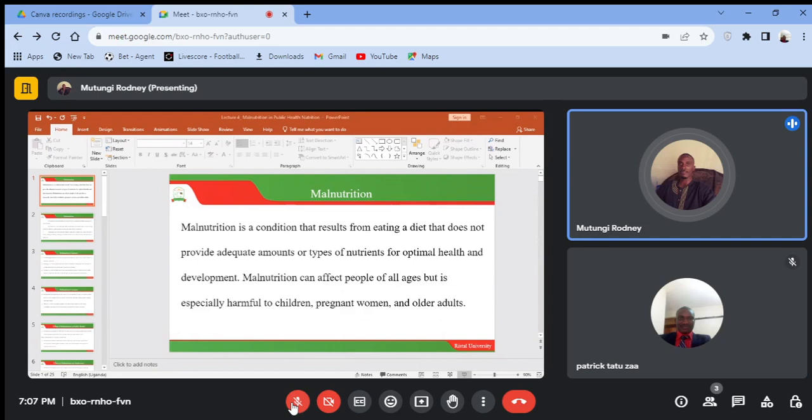Things like flu or influenza, things like if you have HIV, it could make it worse if you are not eating well. Okay, so all those are effects of undernutrition.